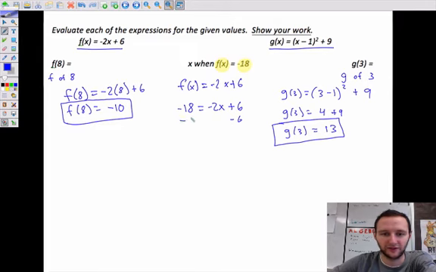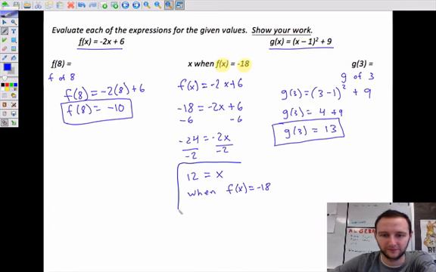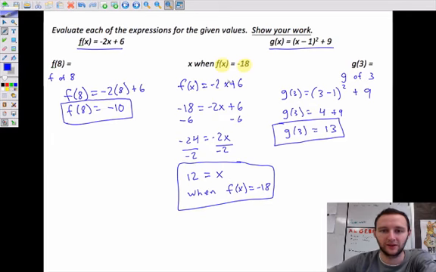Now it's just solving for x like you did in Unit 1. I get x equals positive 12 when f of x equals negative 18. I replaced f of x with negative 18 and solved for x, and that's where I got 12.